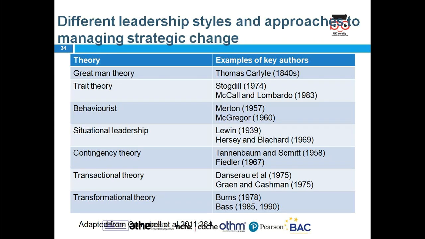Great man theory, trait theory, behaviorist theory, which is more common under leadership. Situational leadership, that's also contingency theory. Whatever happens, you just follow it. Then transactional theories, where you change and think in terms of transactions, and transformational theories.